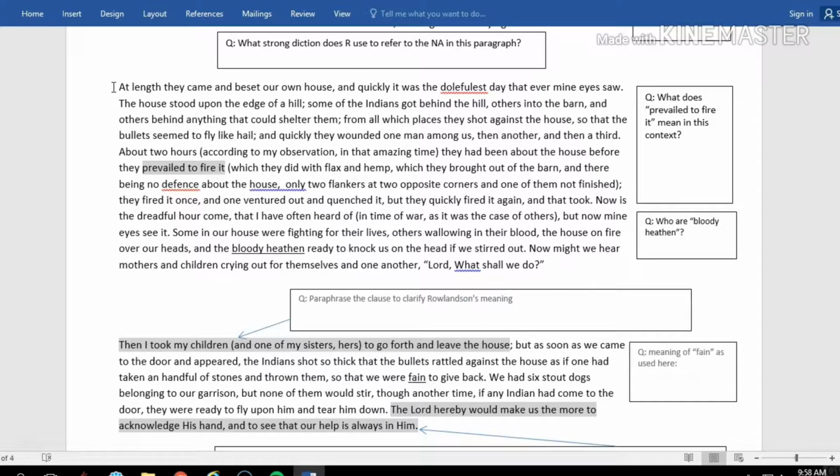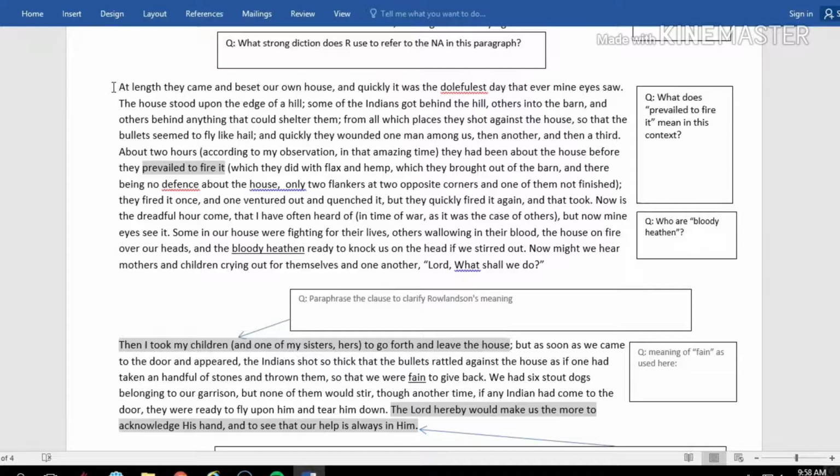About 2 hours, according to my observation, in that amazing time they had been about the house before, they prevailed to fire it, which they did with flax and hemp, which they brought out of the barn, and there being of no defense about the house, only 2 flankers and 2 opposite corners, and one of them not finished. They fired it once, and one ventured out and quenched it, but they quickly fired it again, and that took.